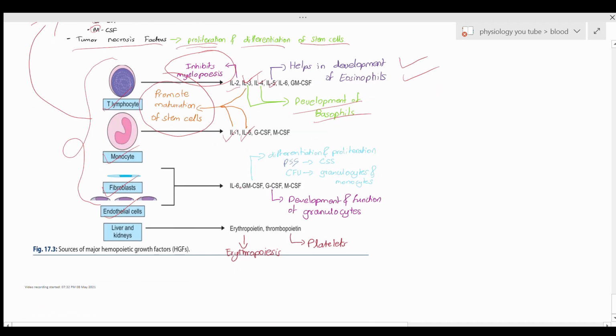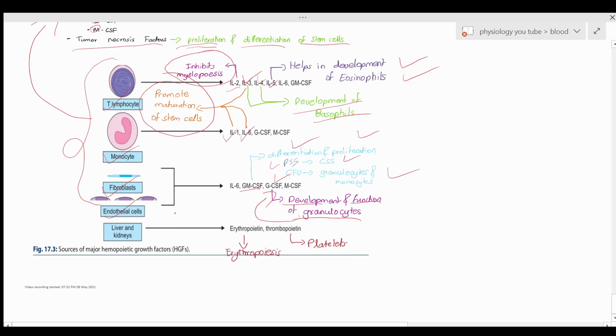Here GM-CSF helps in the differentiation and proliferation from pluripotent stem cells to the committed stem cells, from colony forming units to the granulocytes and monocytes, and again G-CSF helps in the development and function of the granulocytes. In the name itself it is indicated, G-CSF.